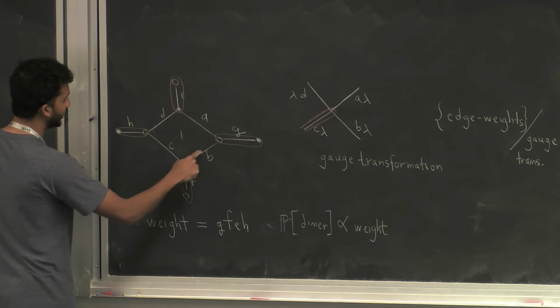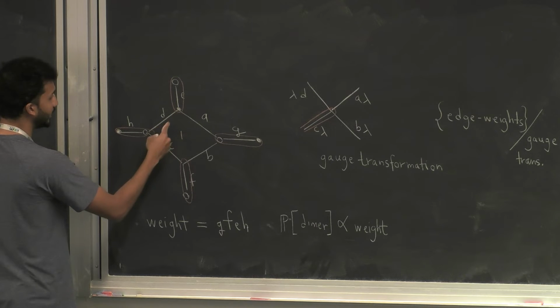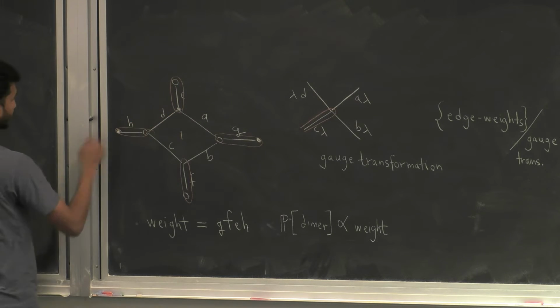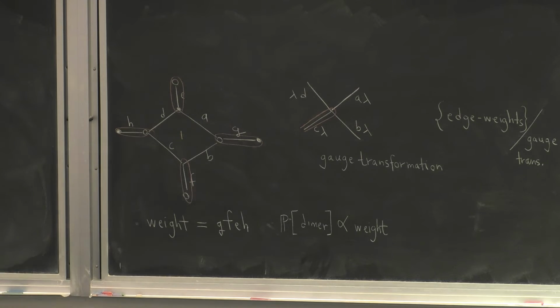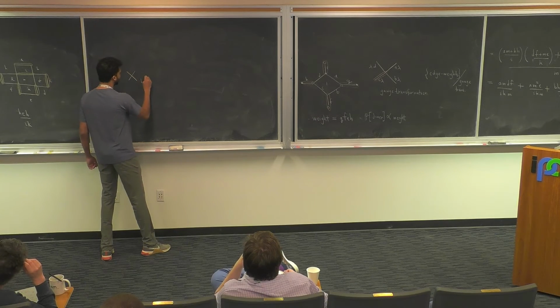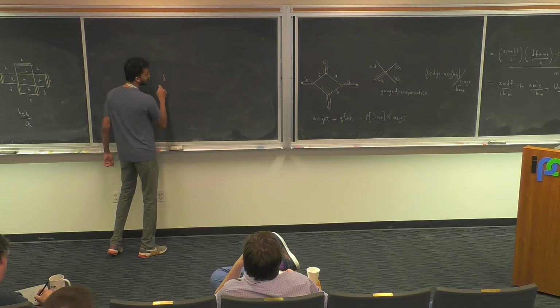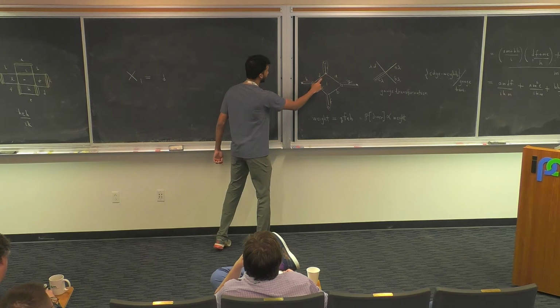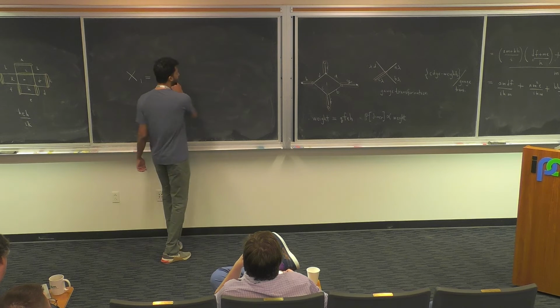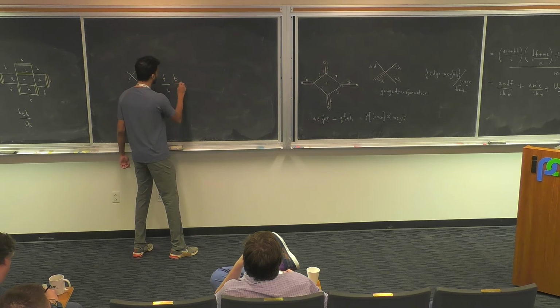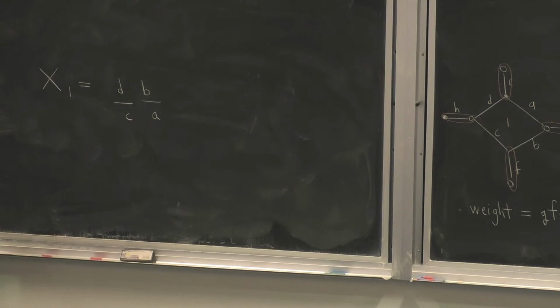Say you go around the face in the counterclockwise direction, and if you're going from black to white, the edge weight is going to appear in the numerator. So since I'm going from black to white along this edge, I have a D in the numerator, a C in the denominator, B in the numerator, and A in the denominator.